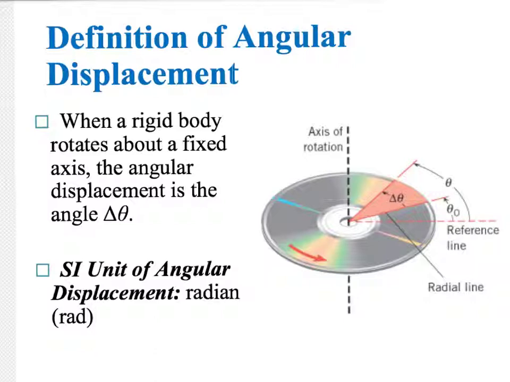But with angular displacement, because things just keep turning around and around, what we're talking about is the angle that our object turns through in a certain period of time. Now the SI unit for angular displacement is the radian.